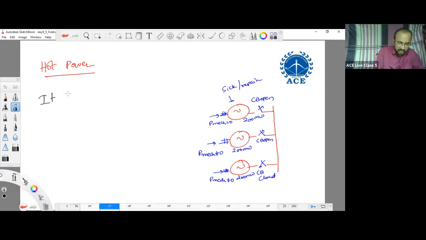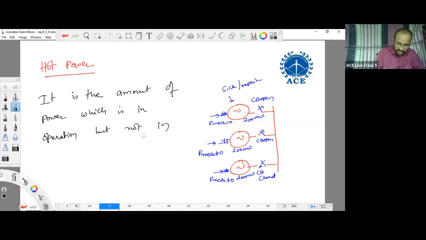So how can you define hot power? It is the amount of power which is in operation but not in service.